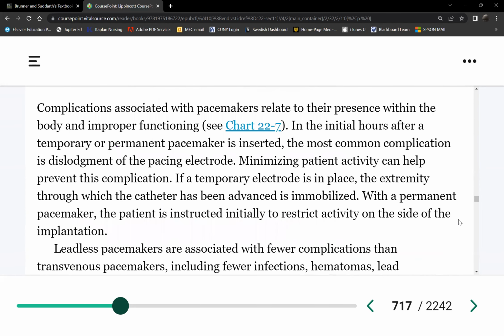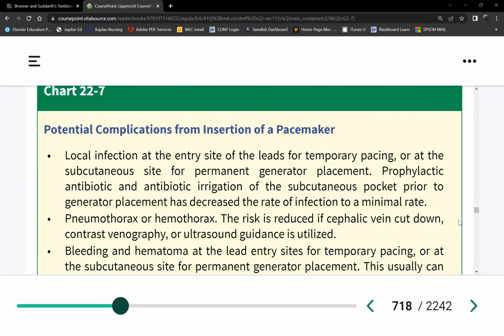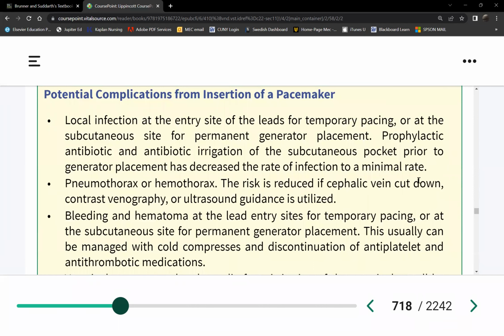Let's go to your responsibility. So here are potential complications after the insertion. Now, this means that these complications occur right after insertion and then all the way to forever. Okay, these are possible. Obviously, the infection would occur usually right after the insertion, correct?